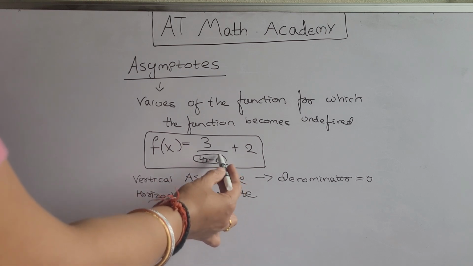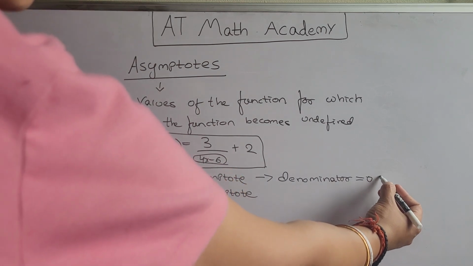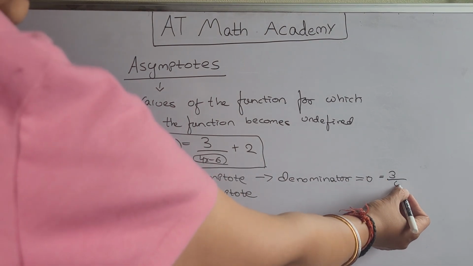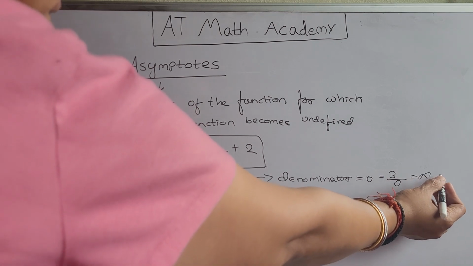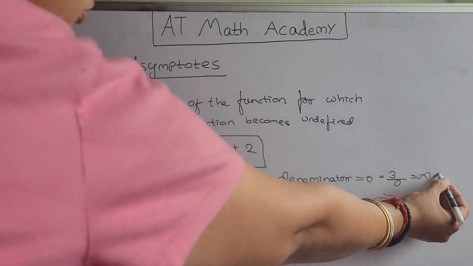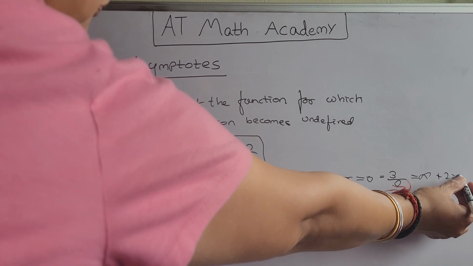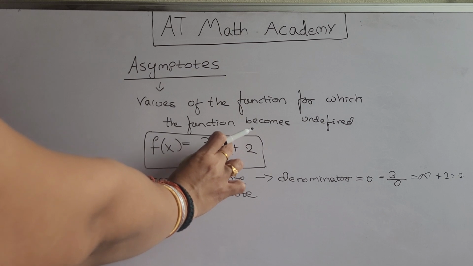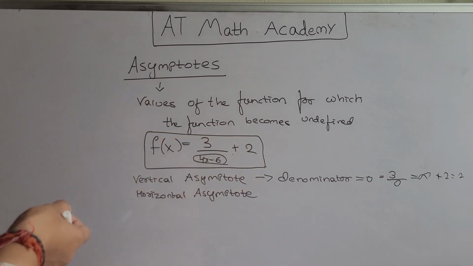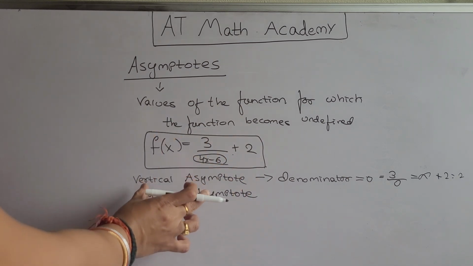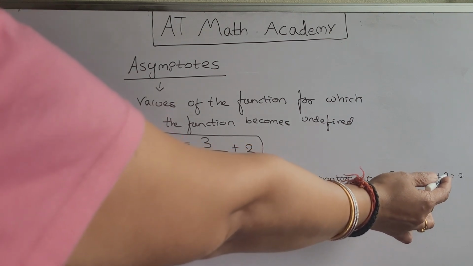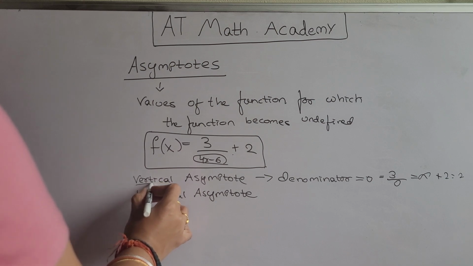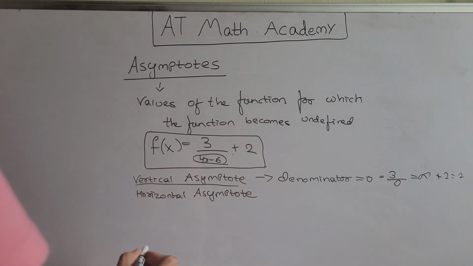When the denominator becomes 0, the function 3 by 4x minus 6 equal to 0 becomes infinity, and it has plus 2, so the value becomes 2. For the x value where the denominator is equal to 0, the y value is 2. So that value of x is called the vertical asymptote.